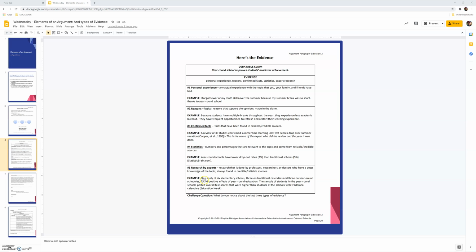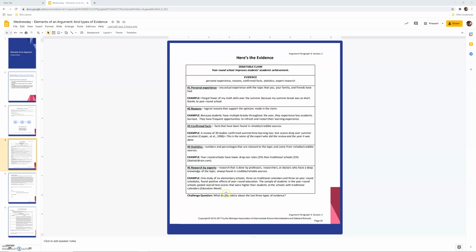Let's look at the example of research by experts right here. One study of 6 elementary schools, 3 on traditional calendars and 3 on year-round schedules, found positive effects of year-round education. The sample of students in the year-round schools posted overall test scores that were higher than students at the schools with traditional calendars, from Education Week.